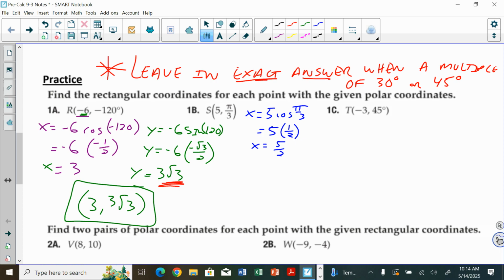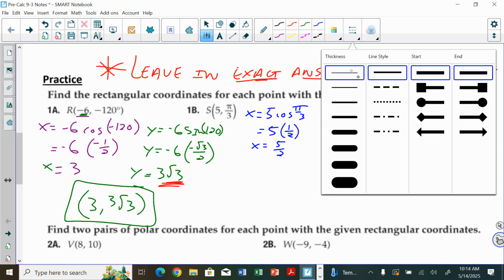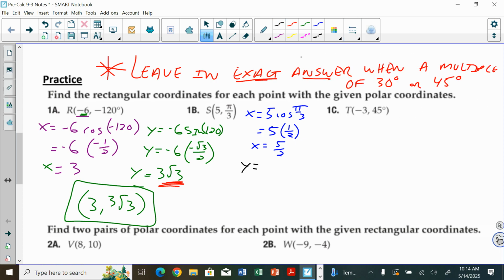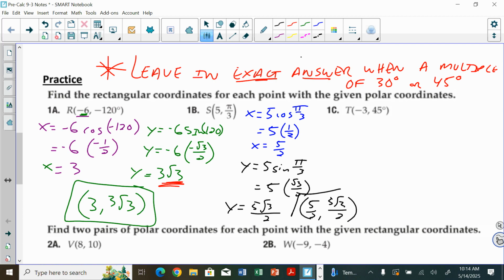And then for y, it is going to be 5 times the sine of pi over 3, which is 5 times square root of 3 over 2. So when I do that one, y is going to be equal to, I can just multiply there, 5 times square root of 3 over 2. So my new coordinates then are x 5 over 2, y 5 times square root of 3 over 2, and there you go.